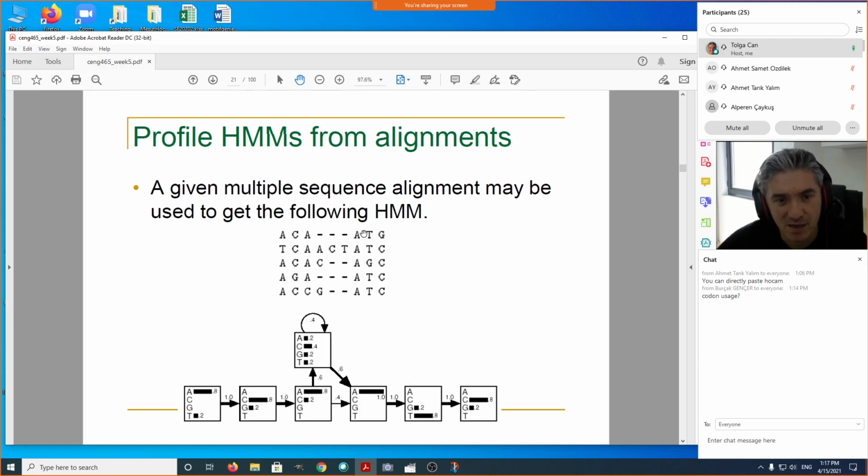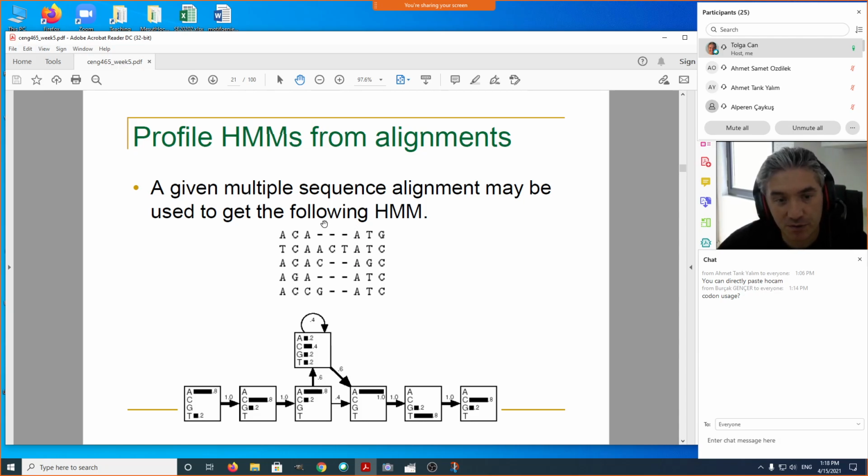So this may be a hidden Markov model built for this alignment, but as I said, we're going to have certain types of states that are used to model certain parts of this alignment differently. If an alignment position is conserved like this, we are going to have a single match state designated for this column.